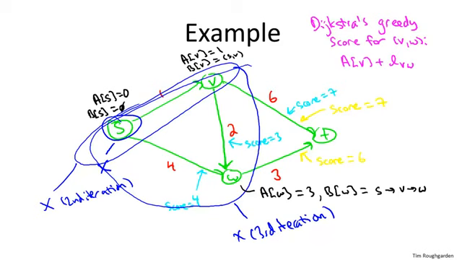And of course, it doesn't matter who gets brought into X, but it does matter how we compute the A and B values for T. So in the final iteration, we compute A of T to be the Dijkstra greedy score of the edge that we picked, which is the edge WT, and the score was 6. So we compute the shortest path distance from S to T to be 6. And then what is the path itself?